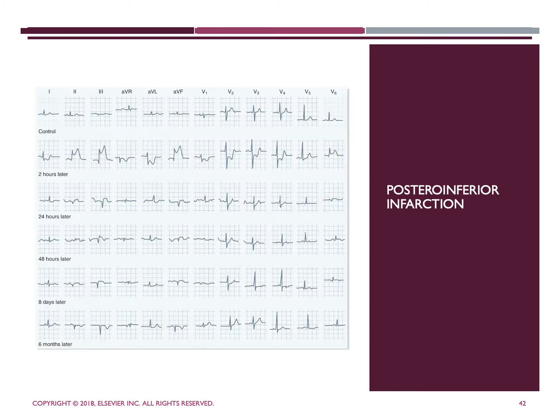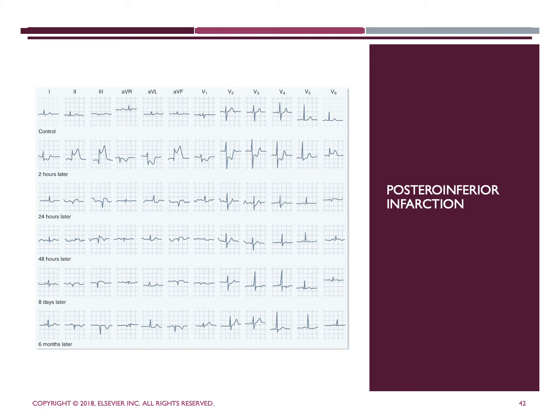In this picture, we're looking at evolutionary changes in a posterior inferior myocardial infarction. The control tracing is normal here. The tracing recorded 2 hours after onset of chest pain demonstrated development of early Q waves, marked ST segment elevation, and hyperacute T waves in leads 2, 3, and AVF.